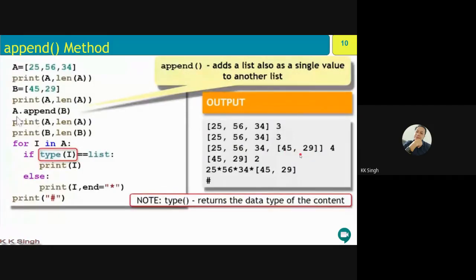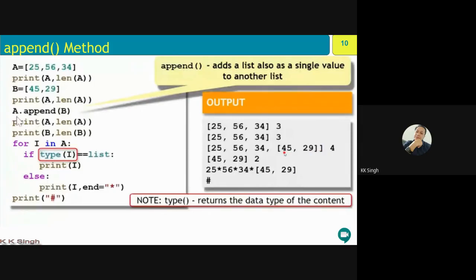If you print A3 comma 0, you are going to print the third index element, and because this is again a list, the 0 index value will be printed.